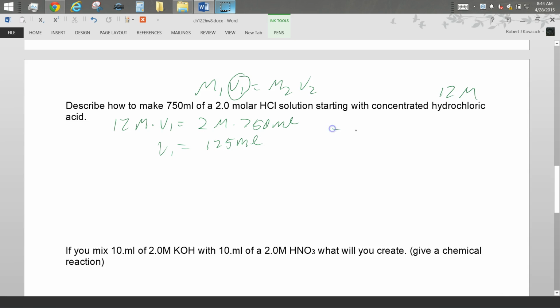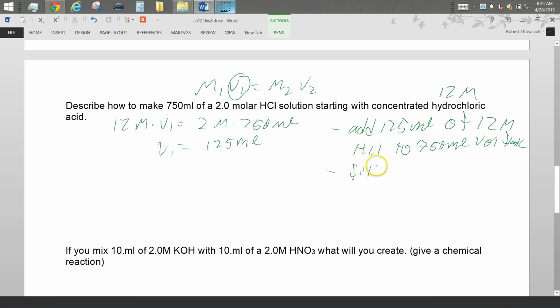All right, so add 125 milliliters of 12 molar HCl to a 750 milliliter volumetric flask. And then fill near the line, and then fill to the line with a dropper.